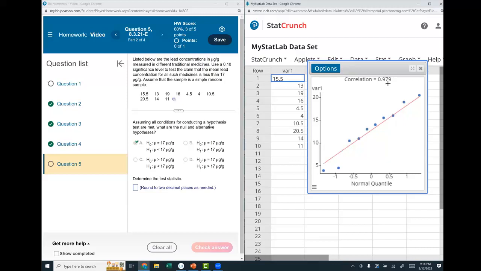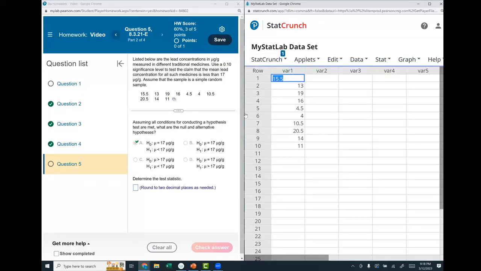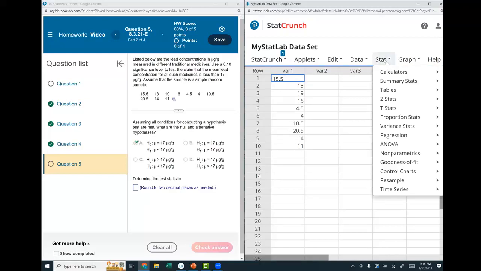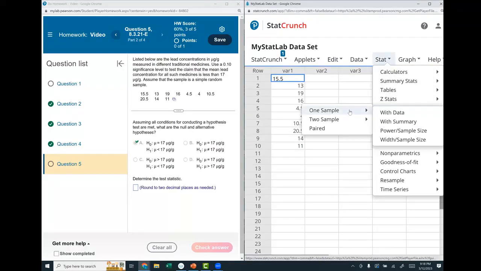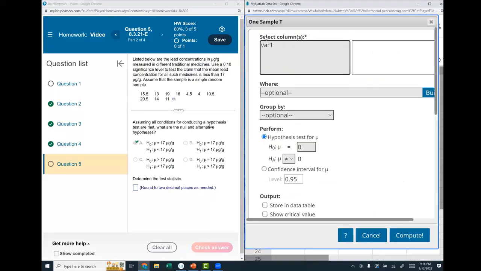Beautiful. That correlation is very close to 1. Look how close it is on that line. So we can assume this is a normal distribution. So now we can go to stat, T stats, one sample with data. Our data is in bar 1.